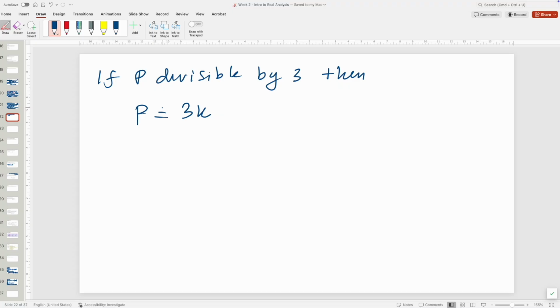Because everything repeated, yeah? 3k plus 3, that is 3k again, right? You can always make it 3k because it's 3 times k plus 1, and k plus 1 is another integer, right? 3k plus 6, just 3 times k plus 2, another integer, and so on. So, in general, I can write p as 3k.